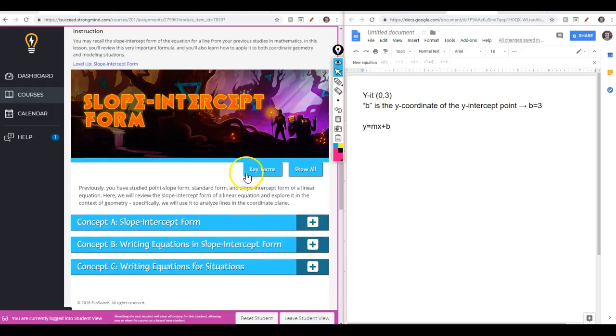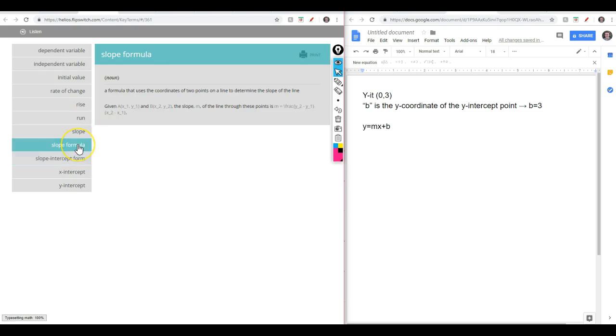We do have a slope formula if you click on key terms. Since it's giving us 2 points, it does give us the formula right here.